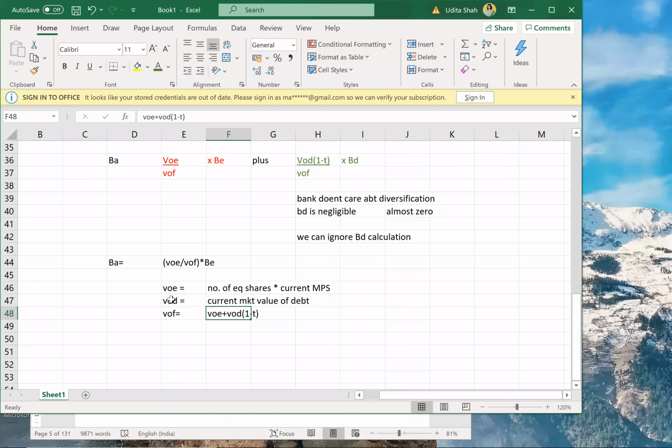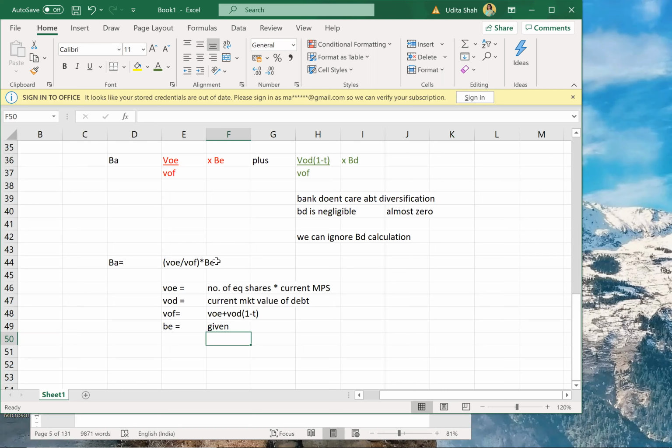Whenever I say value, it means current market value and not the balance sheet value. They will purposefully give you the balance sheet, but I am not going to take balance sheet value as my value of equity or value of debt. And beta of equity will be given in the problem.